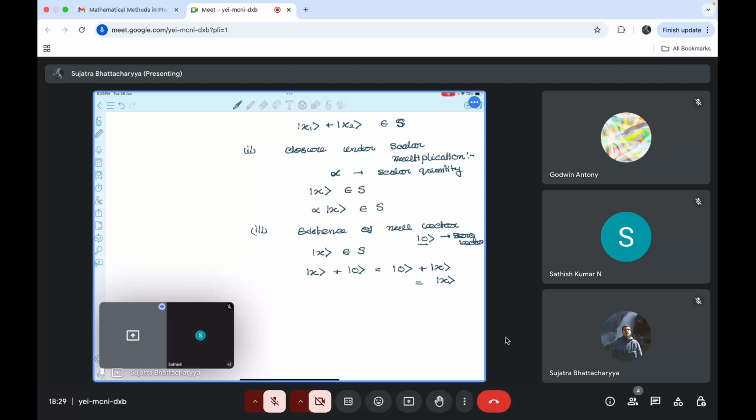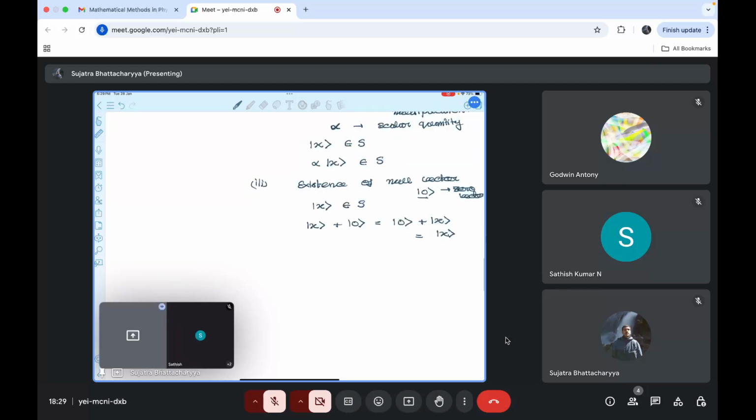That's all, because this zero vector will always consist of zero elements. Ultimately, if you add each element of the vector and the null vector, it will give you the original vector x. This zero vector should also lie in that particular space.